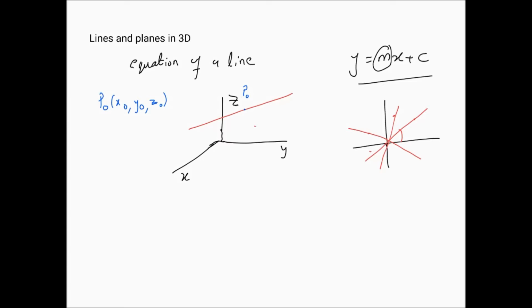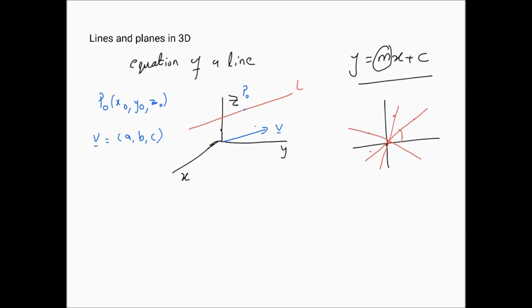So since the slope is rather difficult, what other possibility is there? Well, one possibility is to say that the line we are interested in, this line L, happens to be parallel to this vector. Let's call it V. V is a vector, and let's say its components are a, b, c.